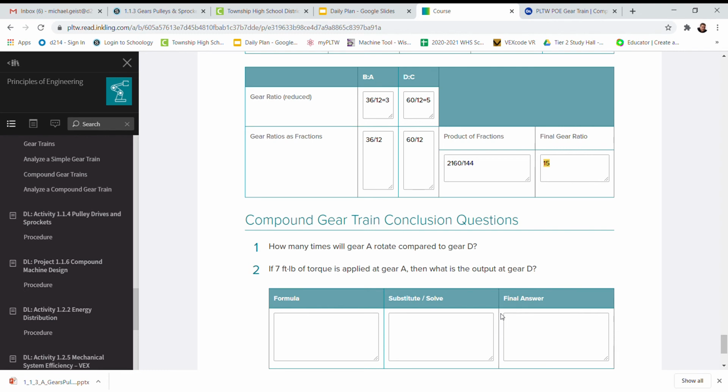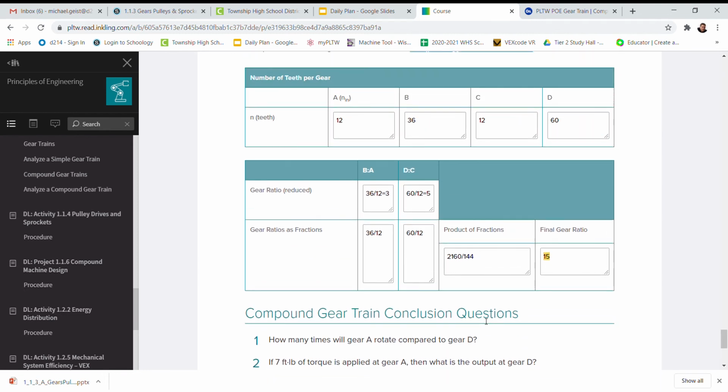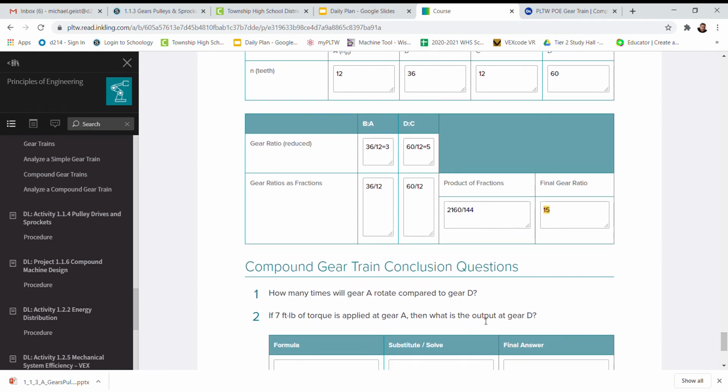When I come down here, it says, how many times will gear A rotate compared to gear D? Okay, so again, it's asking me rotation, so that is RPMs. So what I'm going to do is look at my formulas, which are WN, which is RPMs in over RPMs out. Okay, and I'm going to look at my gear ratio, which is 15 to 1, and I'm going to compare those.